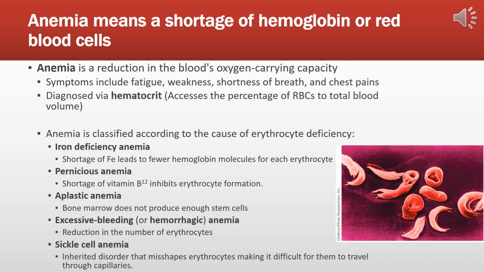And here's a picture of the blood of someone with sickle cell anemia, and as you can see, they have some cells that are pretty much shaped like erythrocytes, but they also have these sickle-shaped cells that have a lower oxygen carrying capacity, and they tend to get lodged in the blood vessel as well. So this is a very serious type of anemia, and all of these different types could lead to death, I suppose.